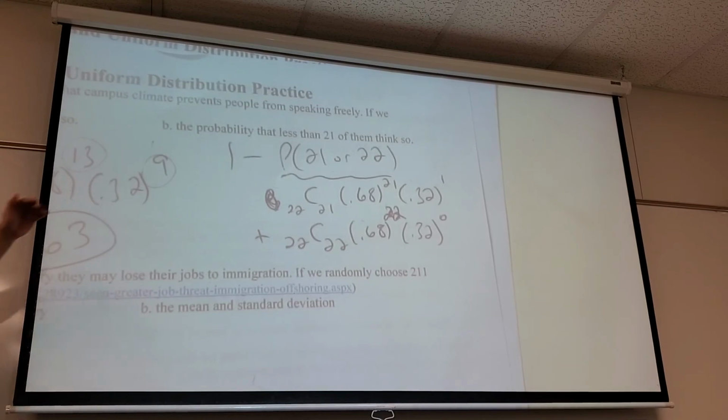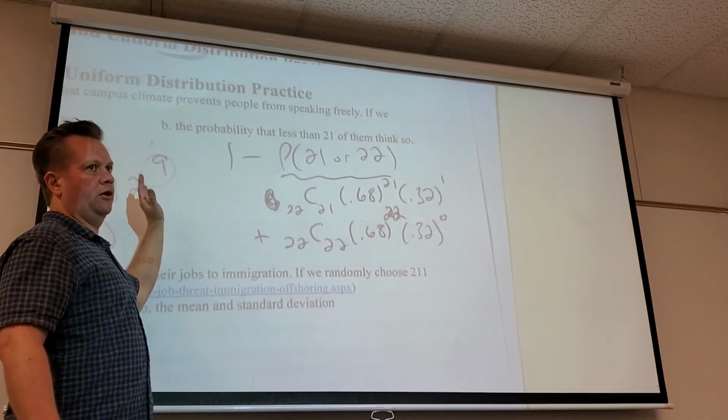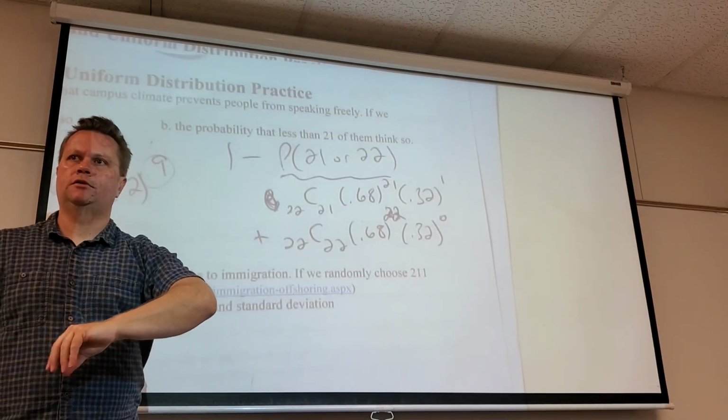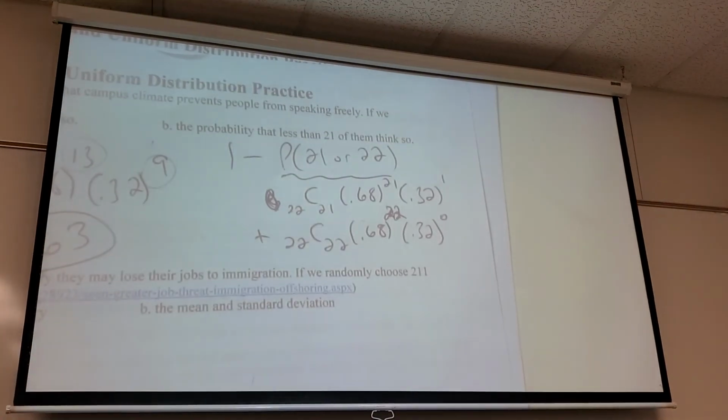Right, so do the formula for 21, do the formula for 22. You can actually throw it in the calculator exactly like this, all at once, so you don't see any intermediate decimals.